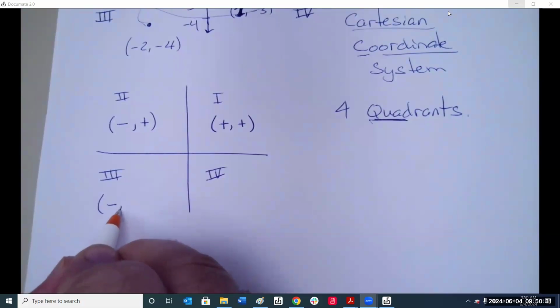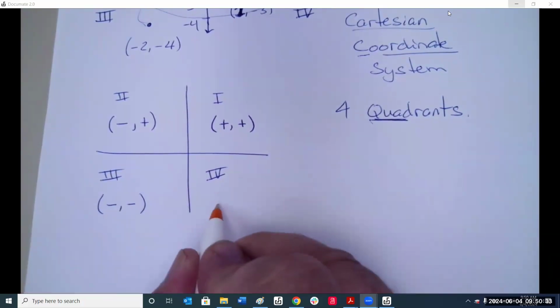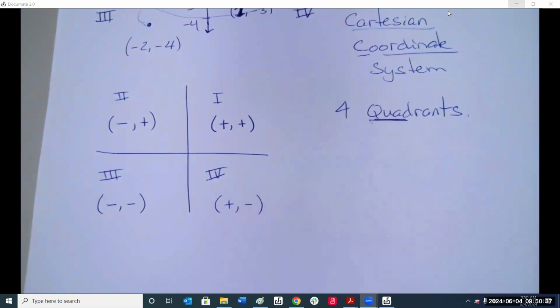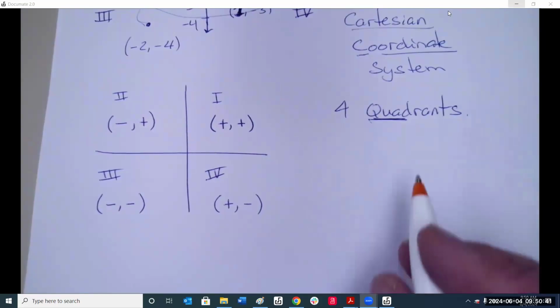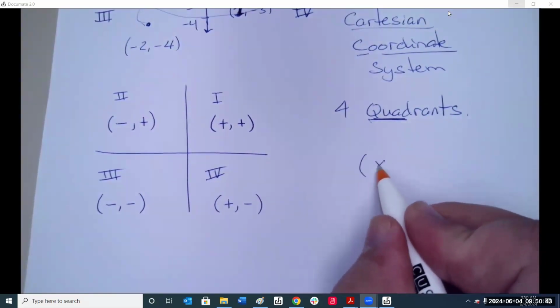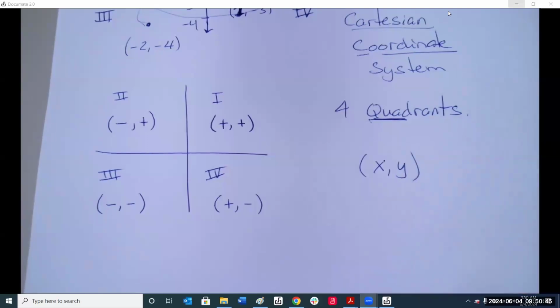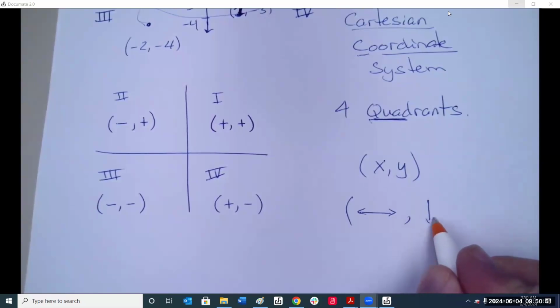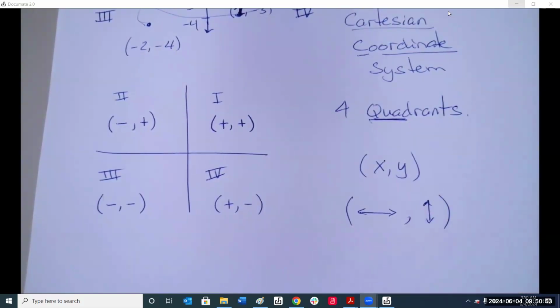In the third, they're both negative. In the fourth, it's positive and negative. Because remember, each point is made up of an X and Y. X goes left and right, Y goes up and down.